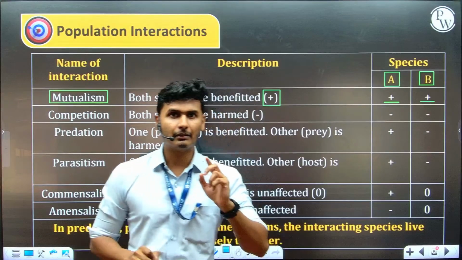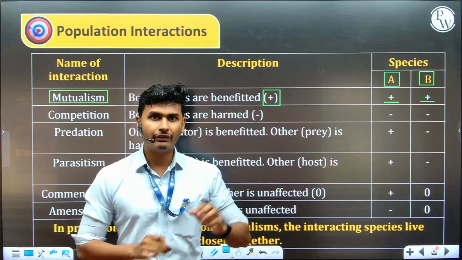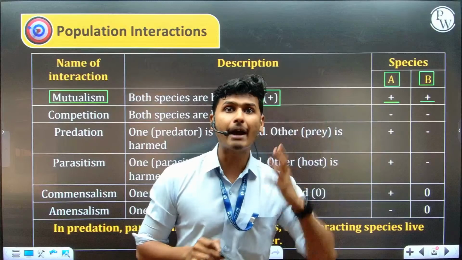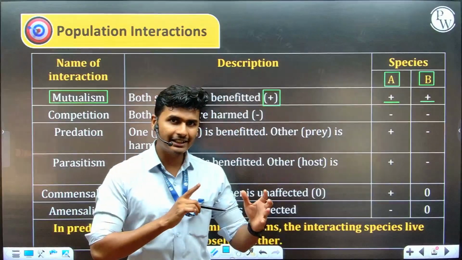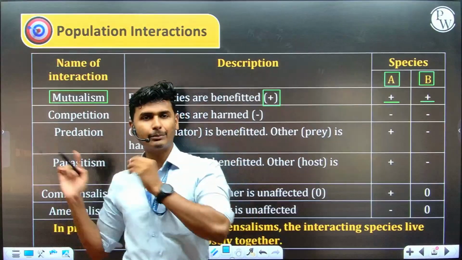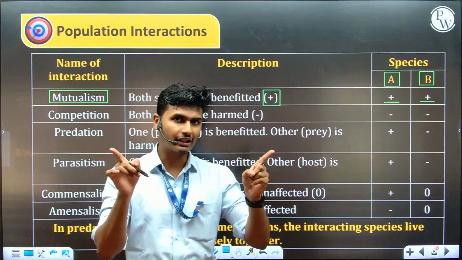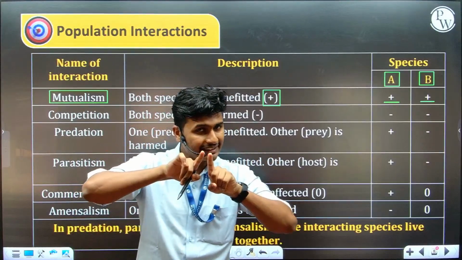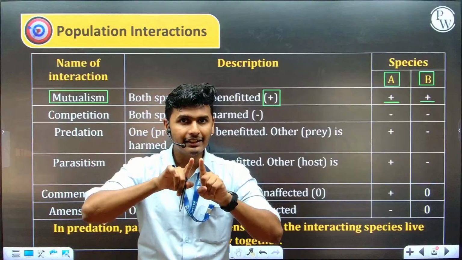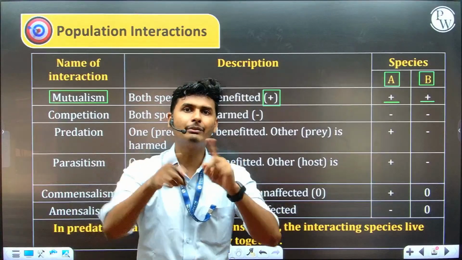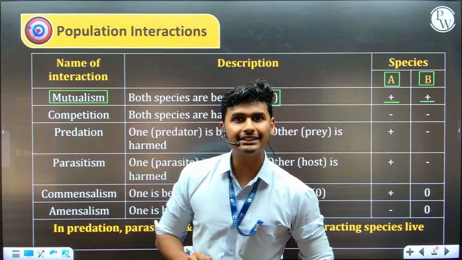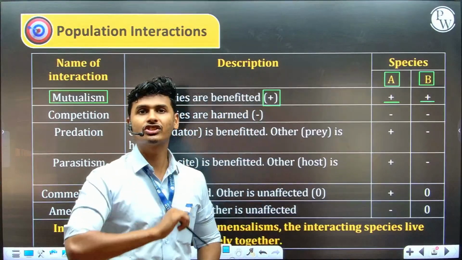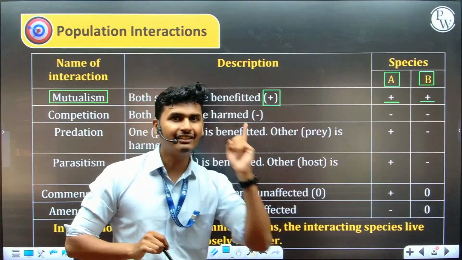In biological classification, we understood what exactly a symbiotic relationship is: 2 organisms interacting with each other, living together and getting benefited from each other. The example is lichen, a symbiotic association between algae and fungi.